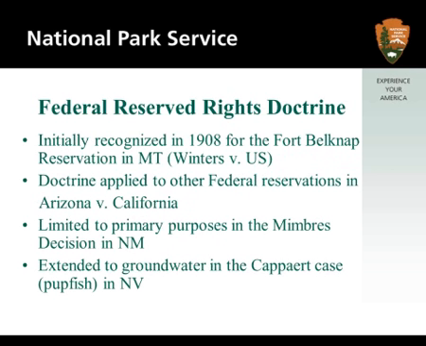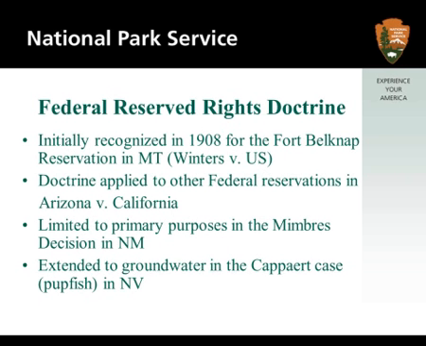As I said, Federal Reserve rights were initially recognized in 1908 for the Fort Belknap Reservation up on the Milk River in Montana, in Winters versus United States, where the United States represented the tribe and basically undid the priority system up there and secured water on the Milk River for the tribe. Later on, the doctrine was applied to other federal reservations, including forests and national parks, in a case called Arizona v.